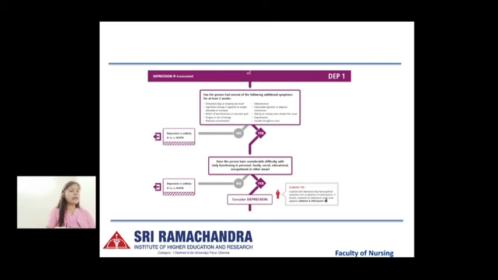If these additional symptoms are present, then you should assess whether the person has considerable difficulty in daily functioning in the personal, family, social, educational, occupational or other areas.